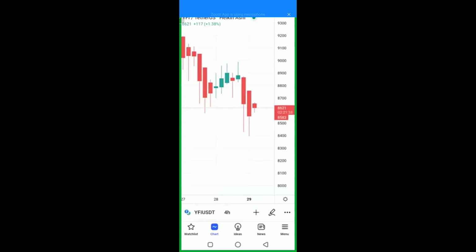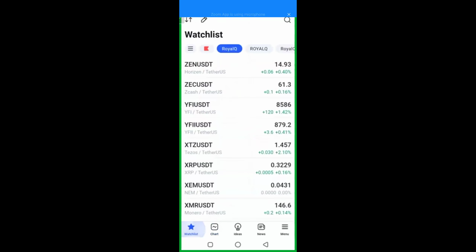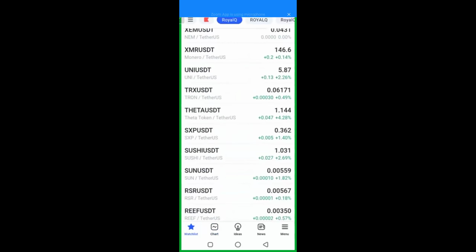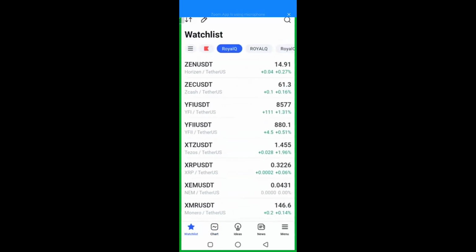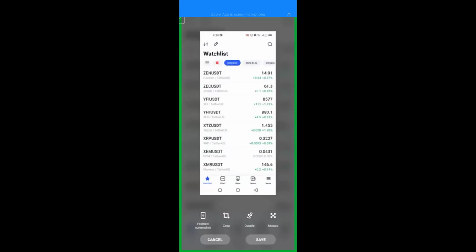Alright, now we are just going to do the last thing. The last thing is to learn to sort our coins depending on how they are performing in the market. And how are we gonna do this? If you are having an Android phone, on your top left you'll see this area here.